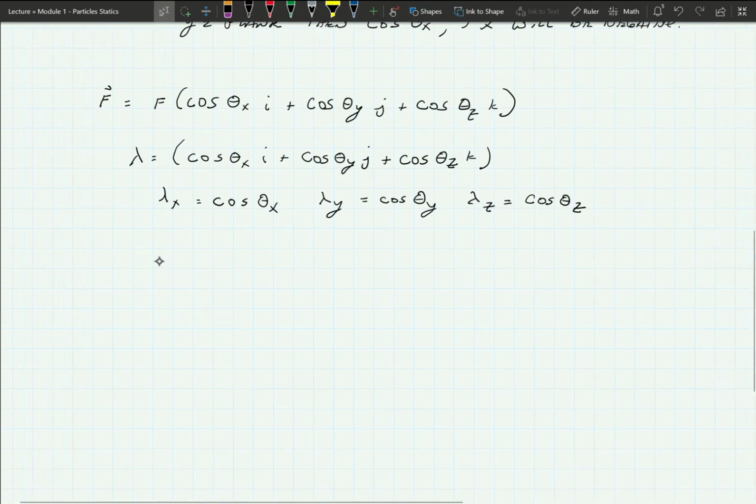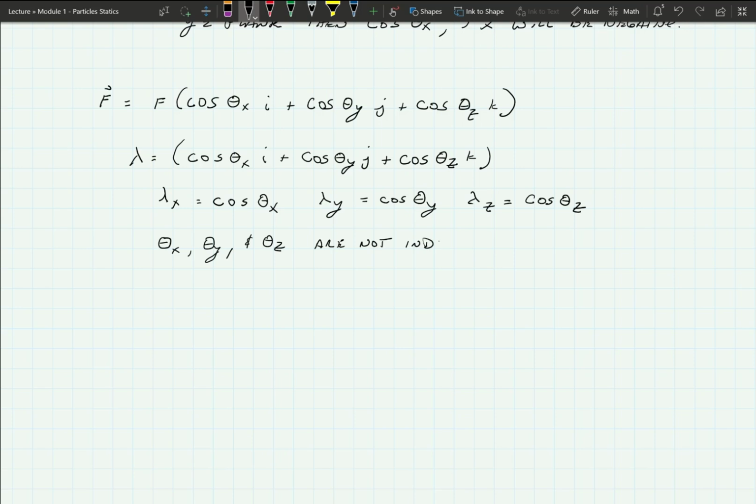The other bit of news here, to just try to get your head around, is that theta x, theta y, and theta z are not independent of each other.